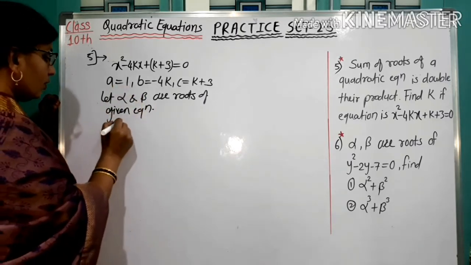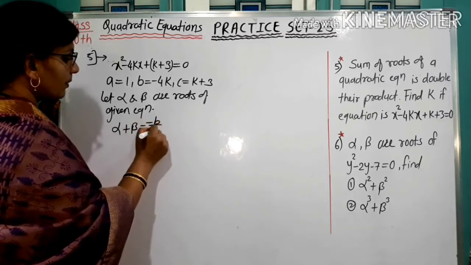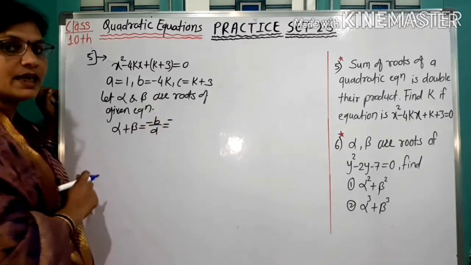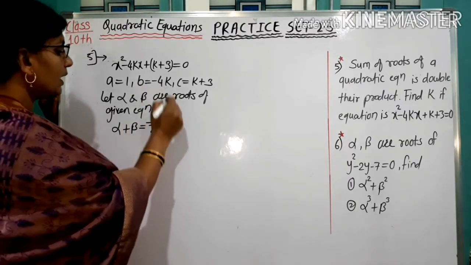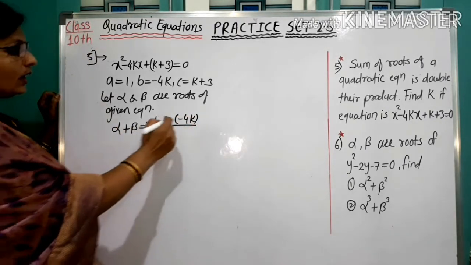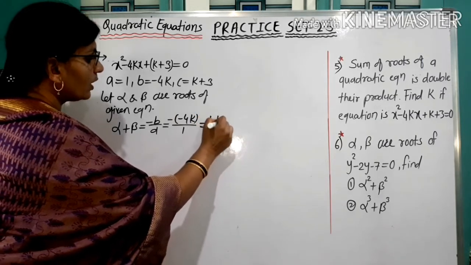Then we find alpha plus beta equal to minus b upon a. Put the values of b and a. Value of b is minus 4k and value of a is 1, and therefore its value is 4k.